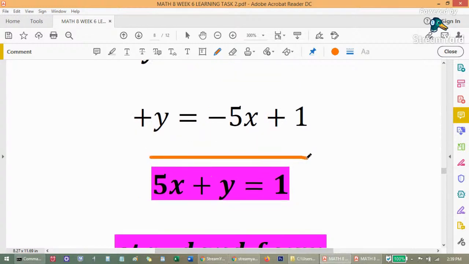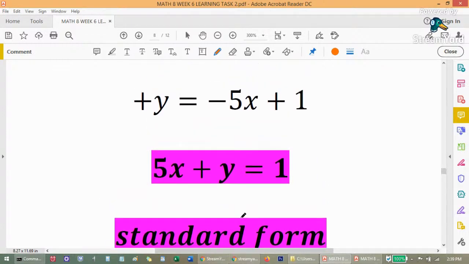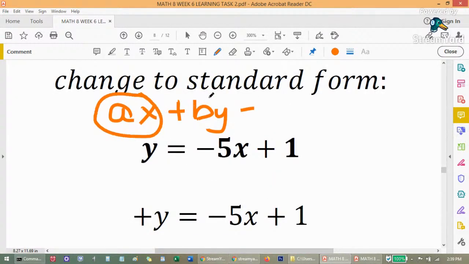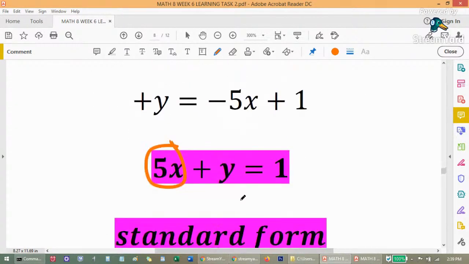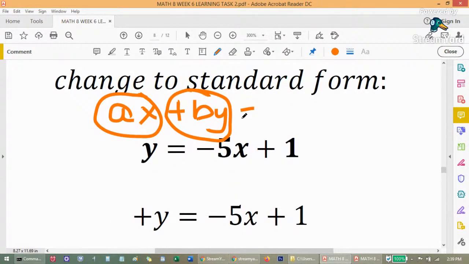So this is now the equation of the line in standard form. Okay, ito yung x term, y term, equals c, and then the constant.